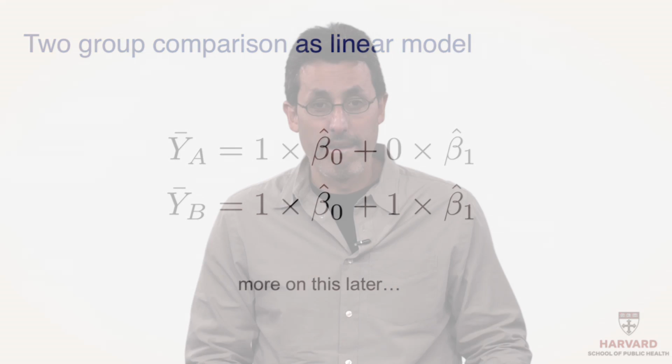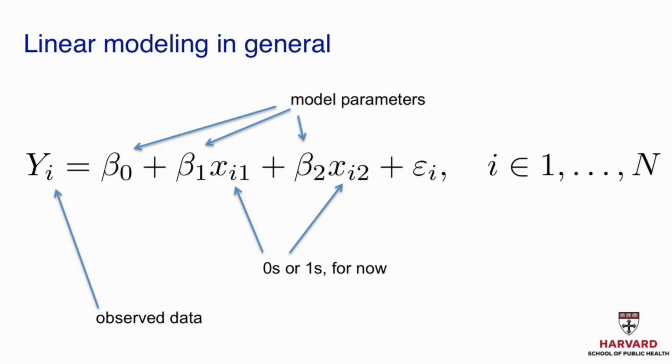In general, the typical linear model that you will see if you look it up in Wikipedia or in a book has the observed data represented with y, with a little subscript which usually denotes an individual. In the case of genomics, it could be a sample. Then you have the model parameters. These are the things that we want to estimate, the things that we want to find out. In the case of men and women heights, beta 1 was the difference we were interested in.